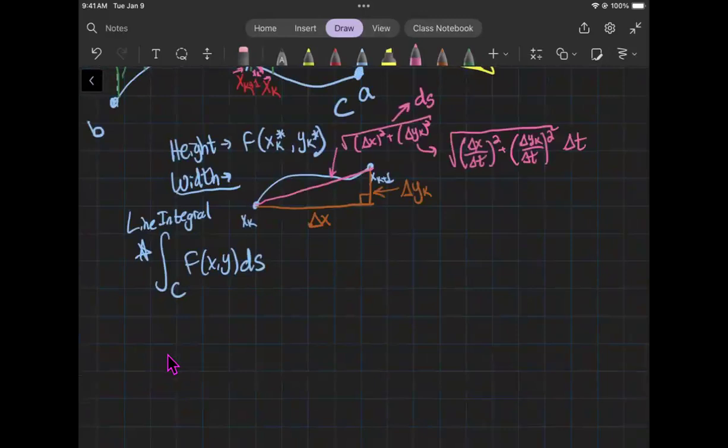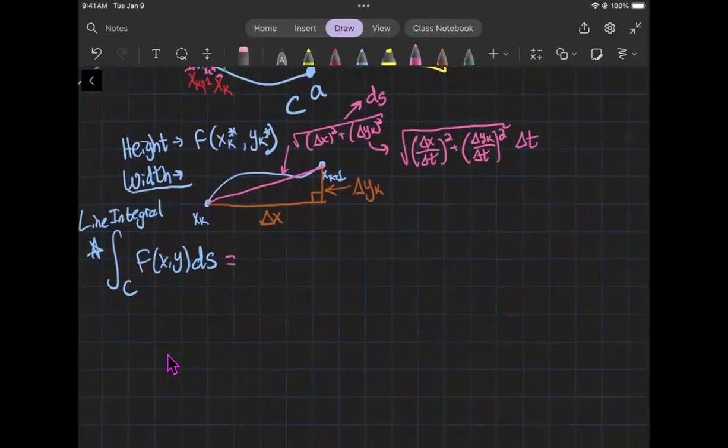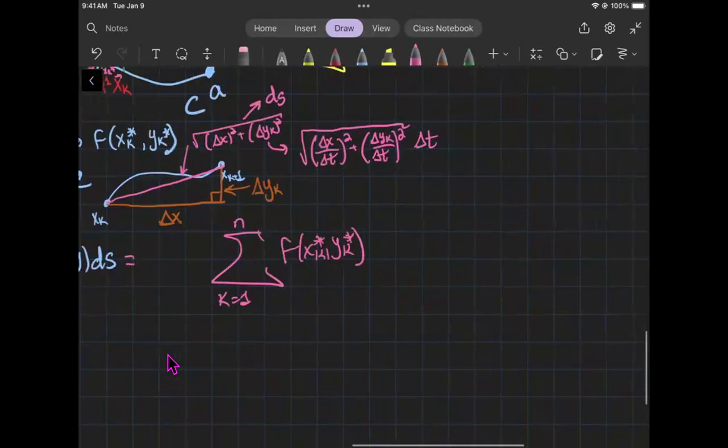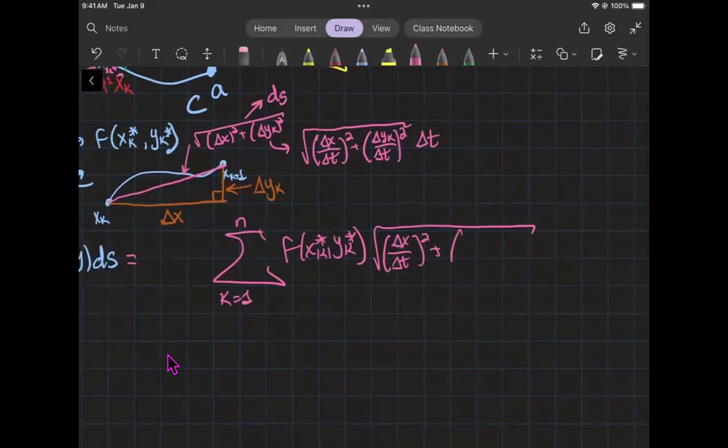So really this would equal a sum, k equals 1 to n, of f of x sub k star, y sub k star times the square root of delta x divided by delta t squared plus delta y sub k divided by delta t squared, times delta t.